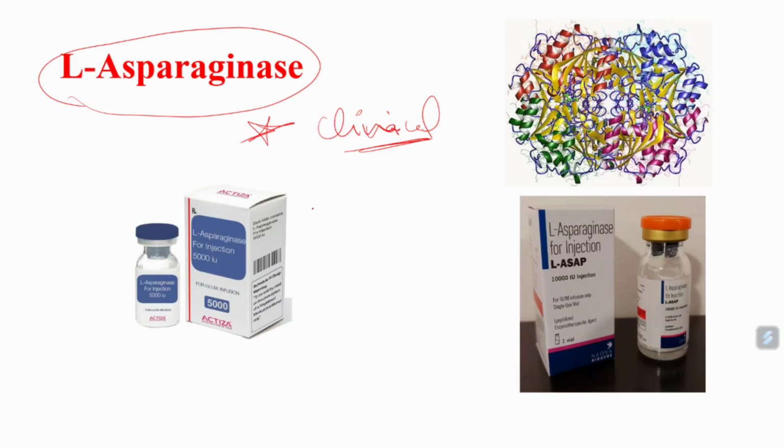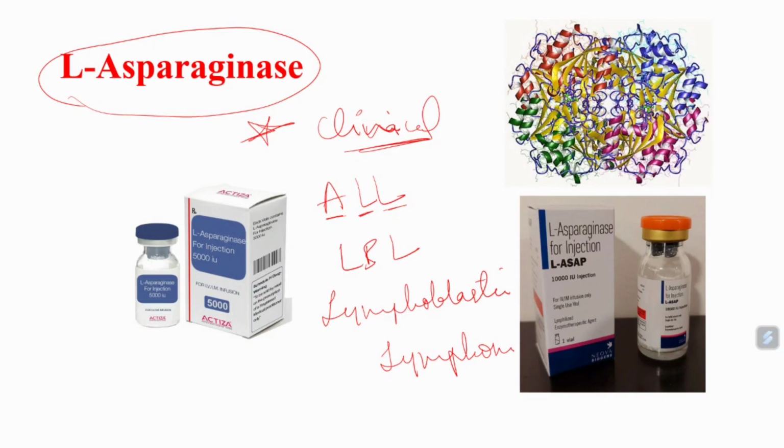One is in cancer, that is ALL, which is also called acute lymphoblastic leukemia, and it is also used for LBL, which is called lymphoblastic lymphoma. This is the clinical use. Clinically, the L-asparaginase enzyme is available in IV form. It is used for acute lymphoblastic leukemia, and it is used for lymphoblastic lymphoma.